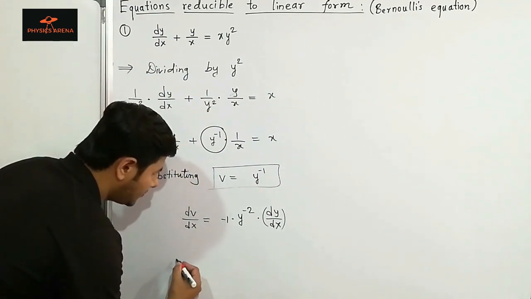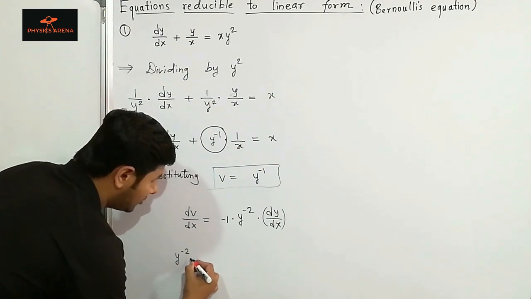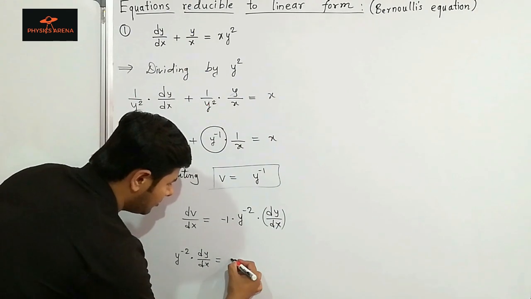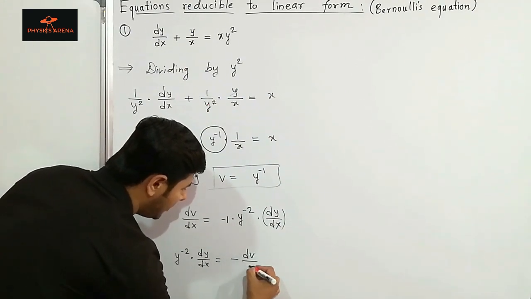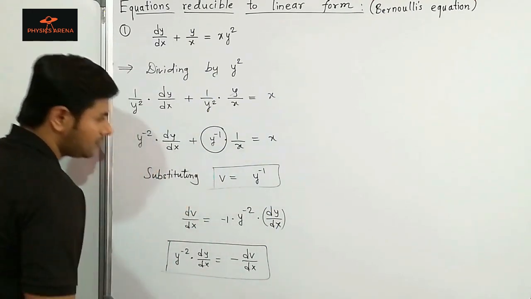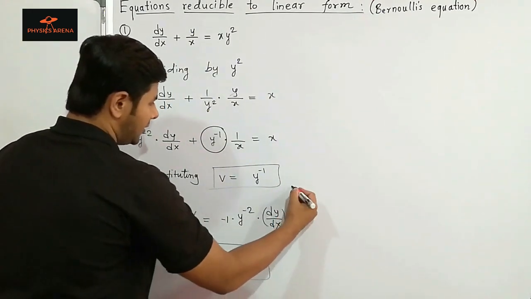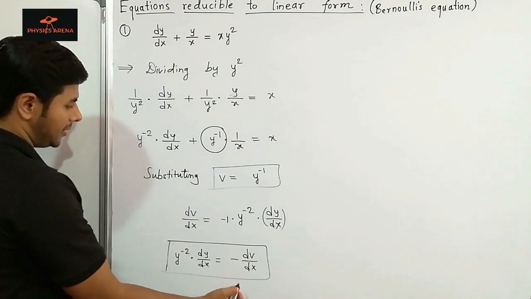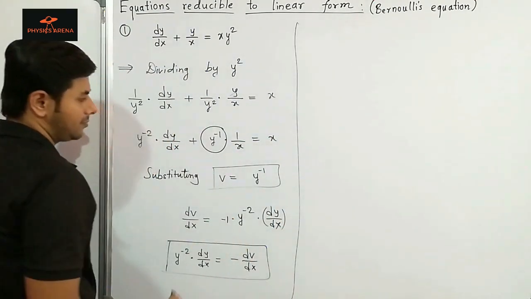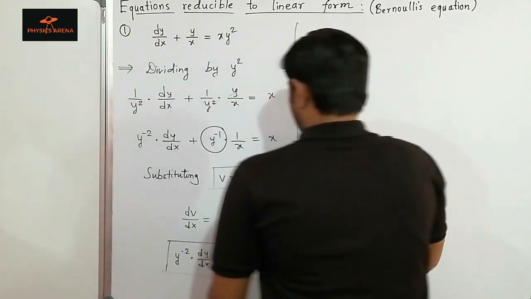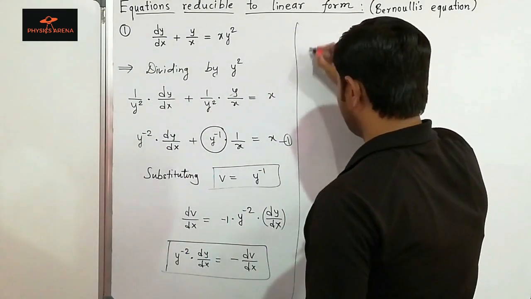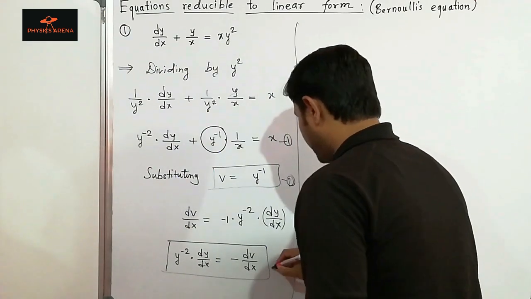So we have y raised to minus 2 multiplied by dy over dx equals minus of dv by dx. So let's call this equation 1, and these 2 and 3.